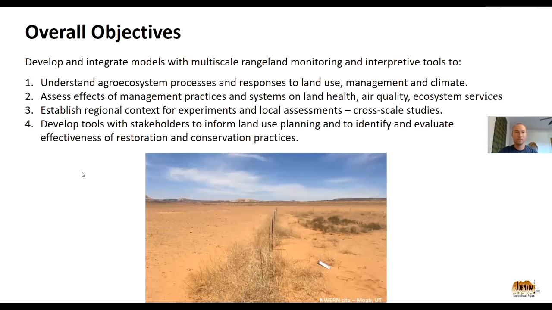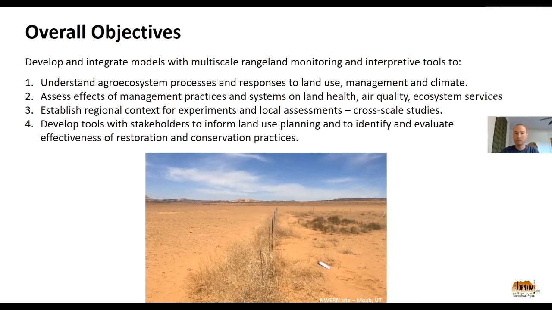So we have a fairly broad set of objectives with these projects. And overall, we're looking at integrating monitoring data sets and models to support rangeland monitoring and management at different scales.